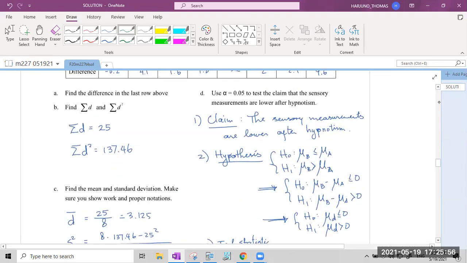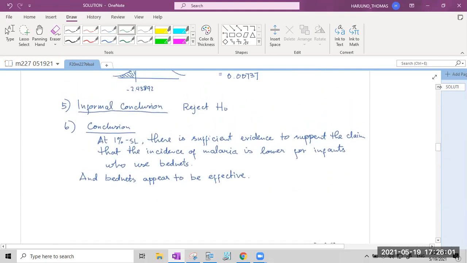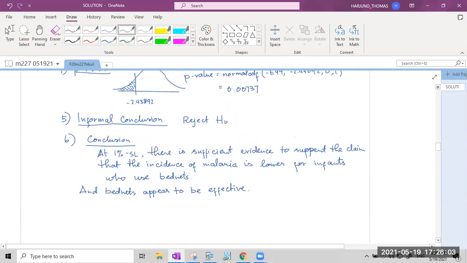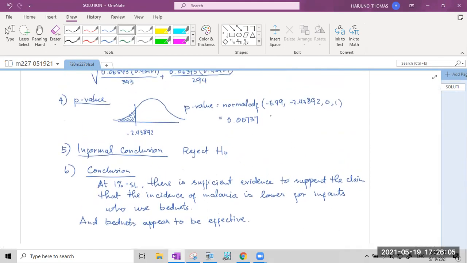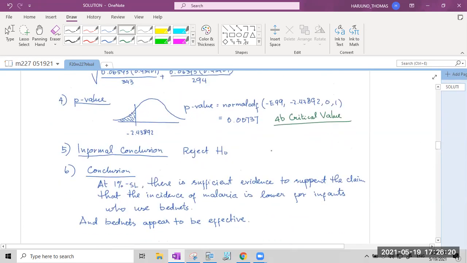I somehow think in the previous page I forgot to do the critical value. Yeah, I forgot to do the critical value for that. Let me insert that here. So 4B critical value. We want alpha to be 1%, its left tail.